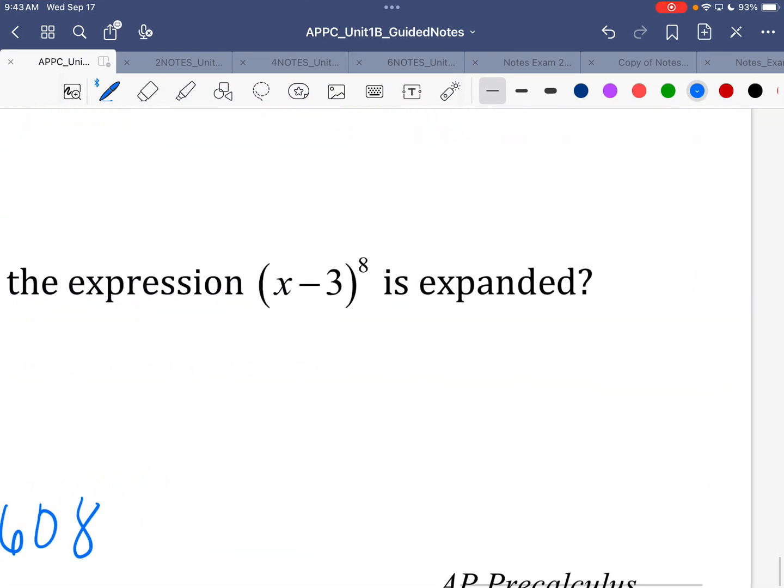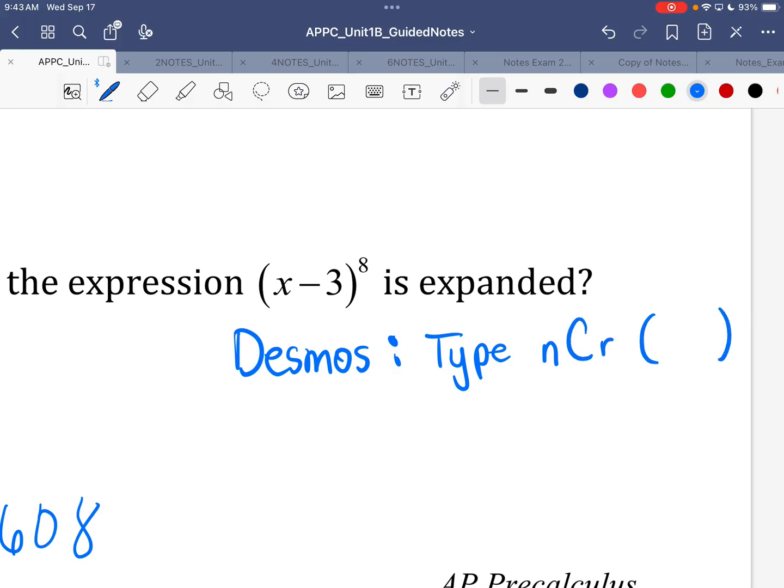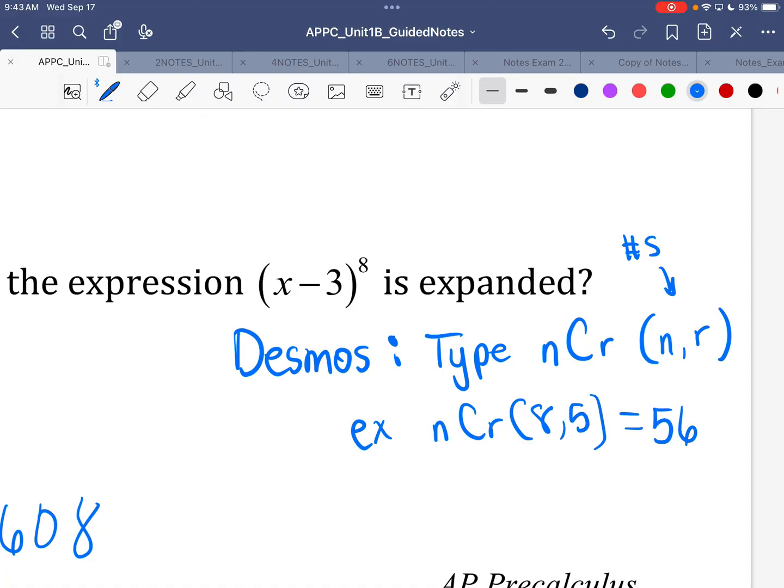So you could try this tonight. The numbers that you're putting in the parentheses are whatever n and r should be. So for example, we would type NCR 8, 5 and would have gotten 56.